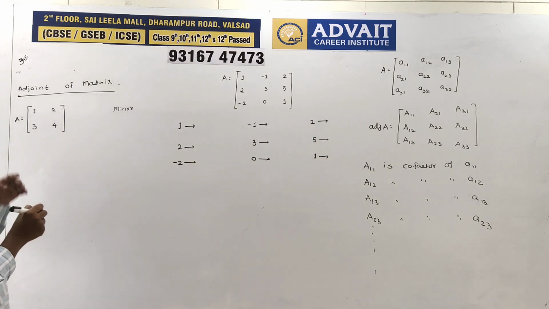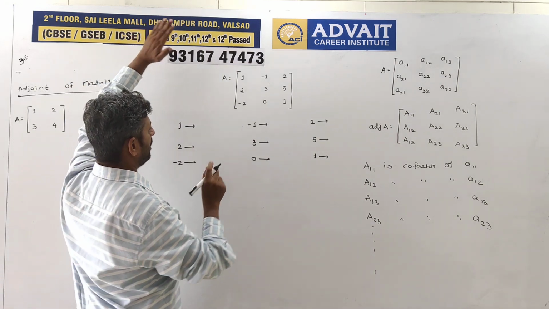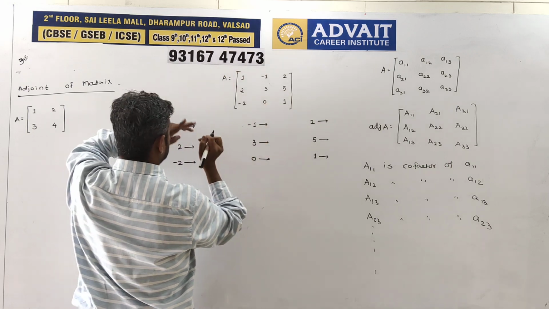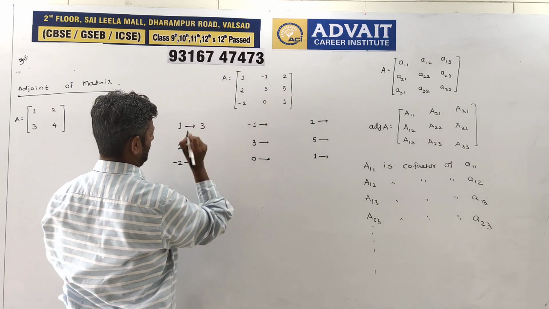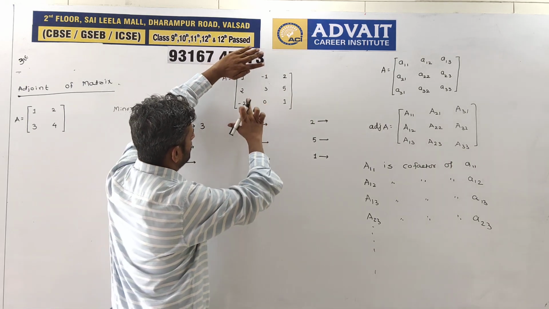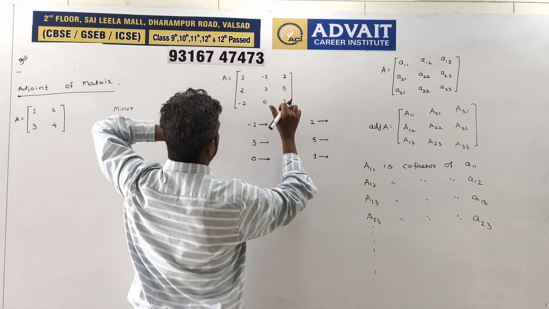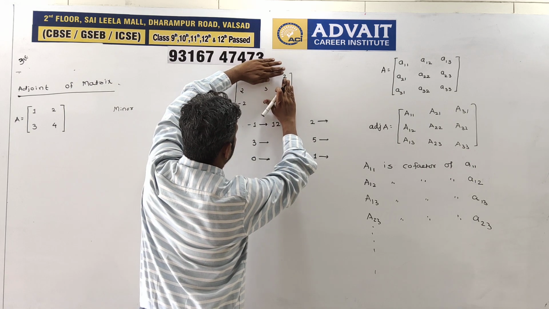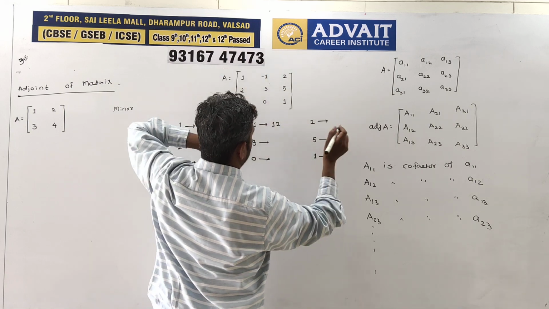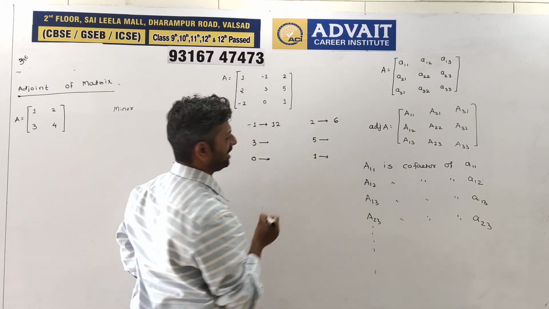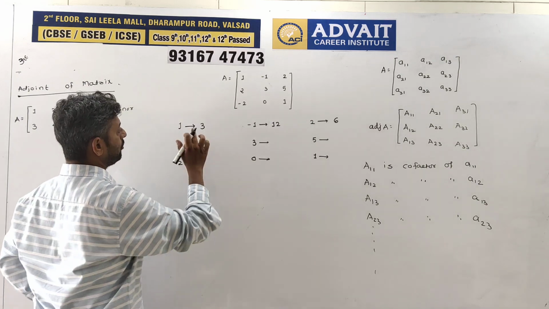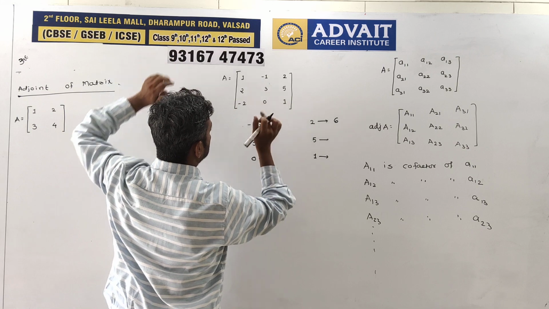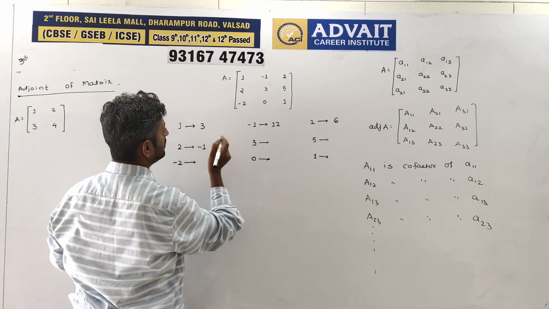See, how to find the minor? For 1, this is 3 minus 0, which is 3. For minus 1, 2 plus 10, 12. For these two, 0 minus minus 6 means 6. For these two, this row and this column are gone, minus 1.